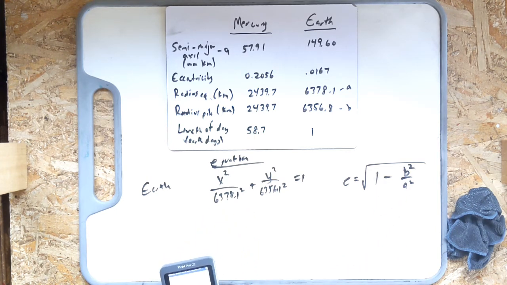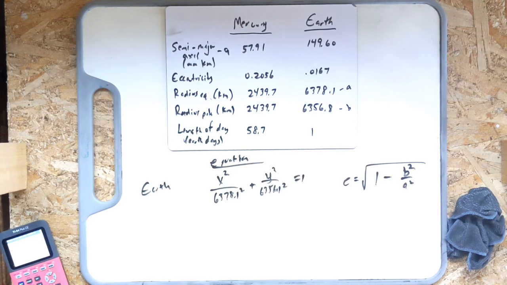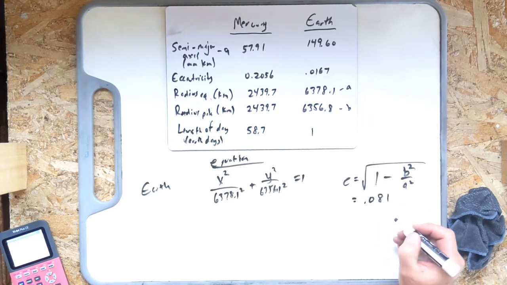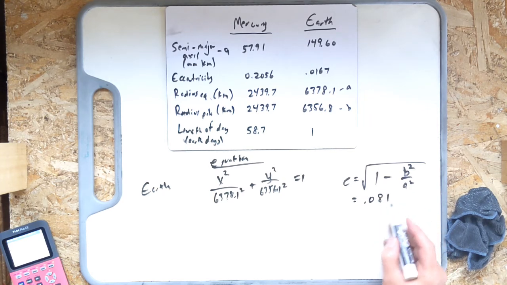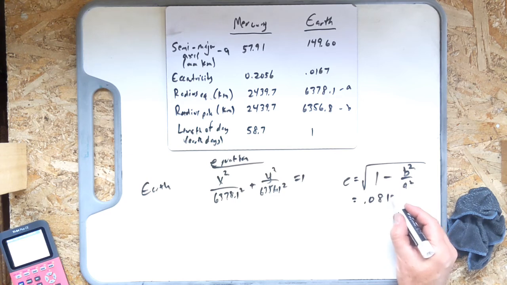So you just do 1 minus 6356.8 squared divided by 6378.1 squared, and do that to the 0.5. Okay, the eccentricity of the Earth's shape is 0.081.